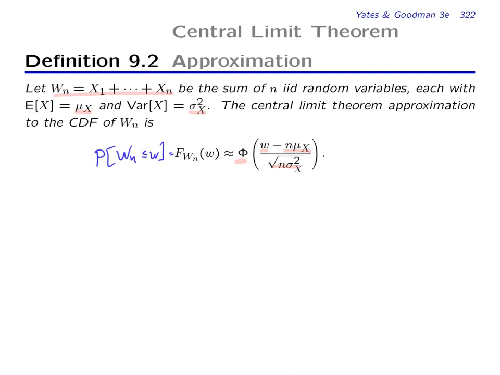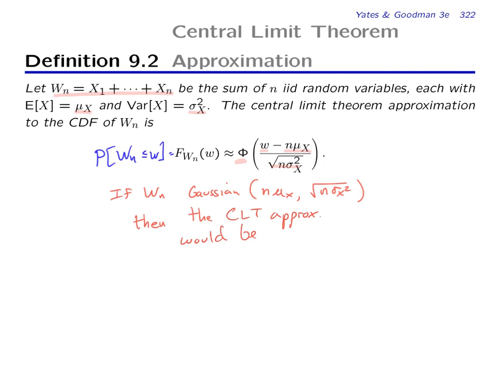And this is exactly what you would get if W_n were Gaussian with this expected value and this standard deviation; then the CLT approximation would be exactly correct.